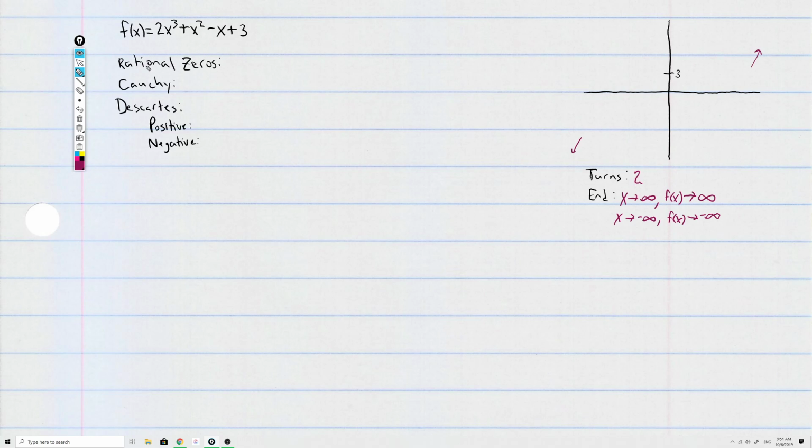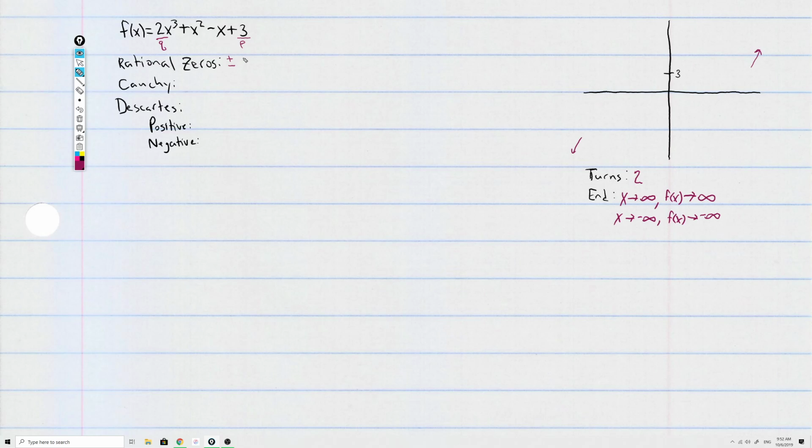So the rational zeros theorem is a really good place to start. It tells you the possible numbers that could be rational zeros of the function. So we know from the theorem that the possible rational zeros are the plus or minus p's over q's. Here we're at the little letter p and q. So we write the factors of 3 over the factors of 2, plus or minus of all of them.